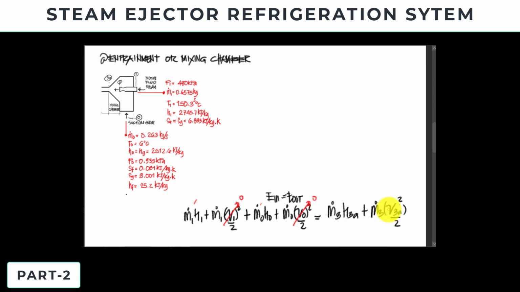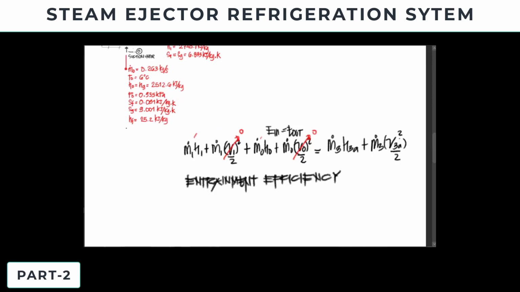What we don't have is the value of enthalpy 3, but we may be able to get this since we have the entrainment efficiency. For the entrainment efficiency, we have the equation for the entrainment, which is the kinetic energy at point 3 divided by the kinetic energy at point 2, the leaving over the entering.